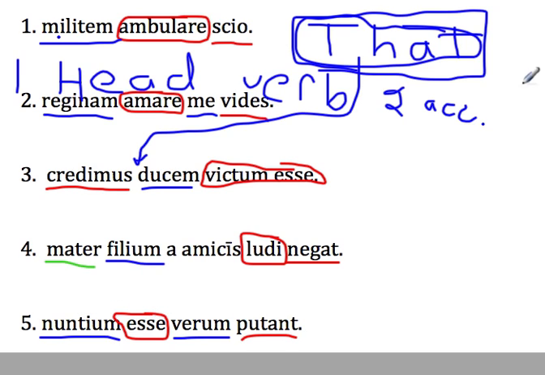And that means for our translation we have to insert the word that, and we can't translate the infinitive like an infinitive. So, they think that the message is true. Literally, they think the message to be true, but more than likely in English we will say they think that the message is true.